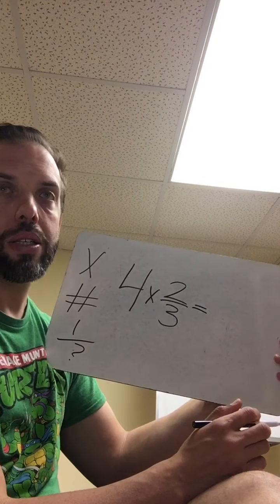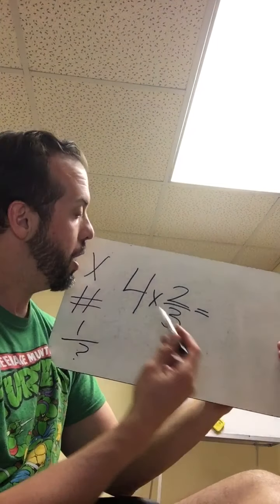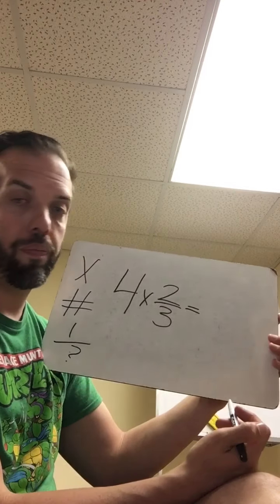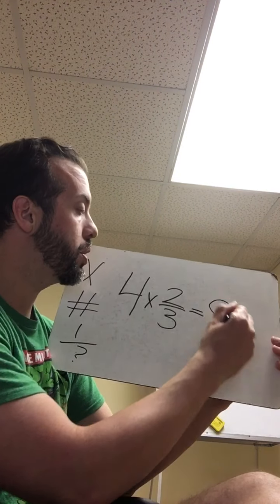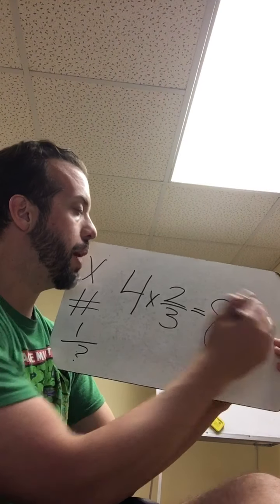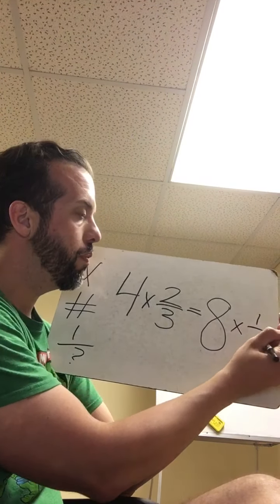Whole number and unit fraction. So how this works is I'm going to do the same thing I did in the last problem. I'm going to pretend this 3 is not here. I'm going to do 4 times 2. My whole number is going to be 8. Okay? Times my unit fraction, denominator stays the same. So that would be my answer.